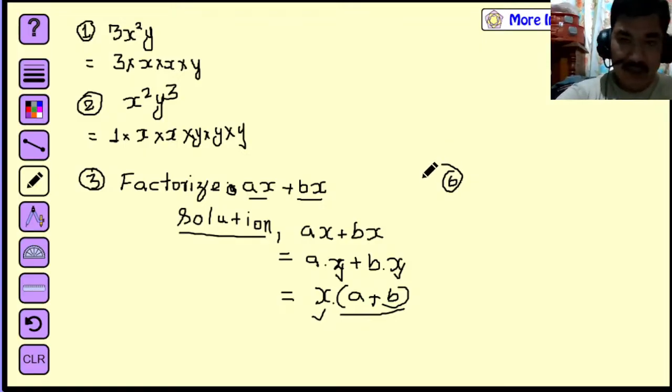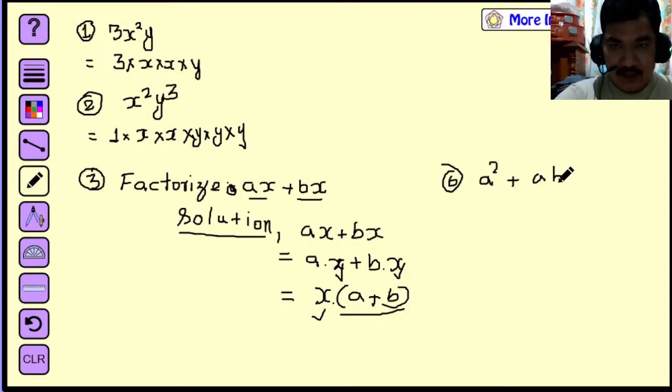Suppose like this is given: a square, plus ab square. If a question is written like this, ab square.